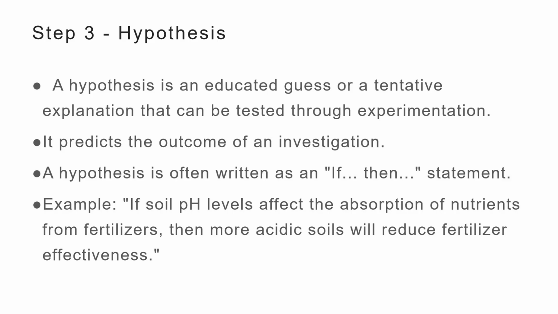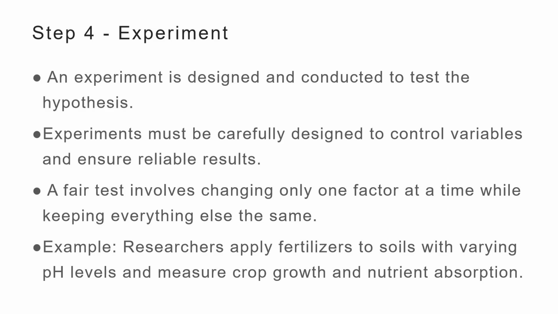Next, we design and conduct an experiment. Experiment is our fourth step in the method. To test our hypothesis, the experiment must be carefully designed to control variables and ensure reliable results. What does it mean to control variables?